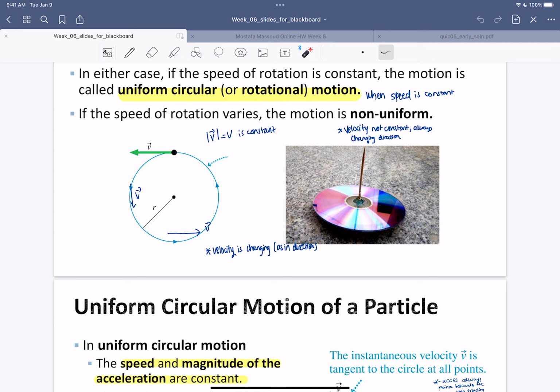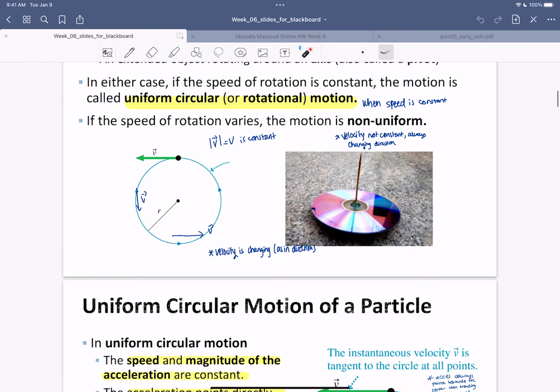If we're moving negative 10 meters per second here and positive 10 there, we're still moving 10 meters per second in general. So our speed is constant, but our velocity is constantly changing, because we're always changing direction.